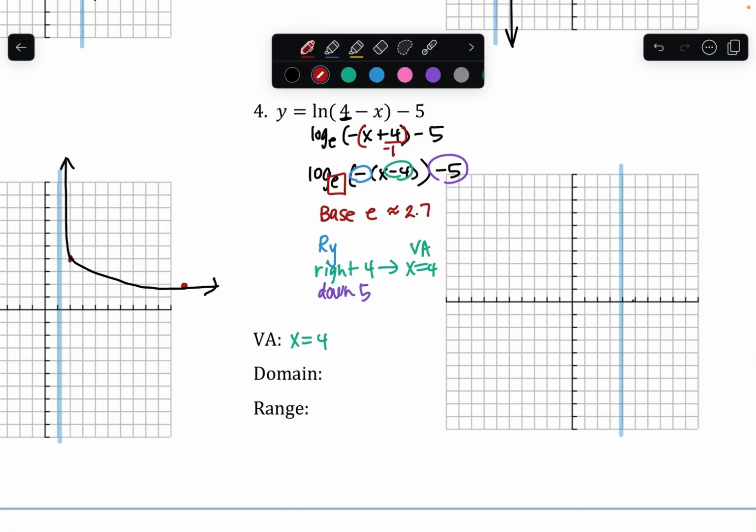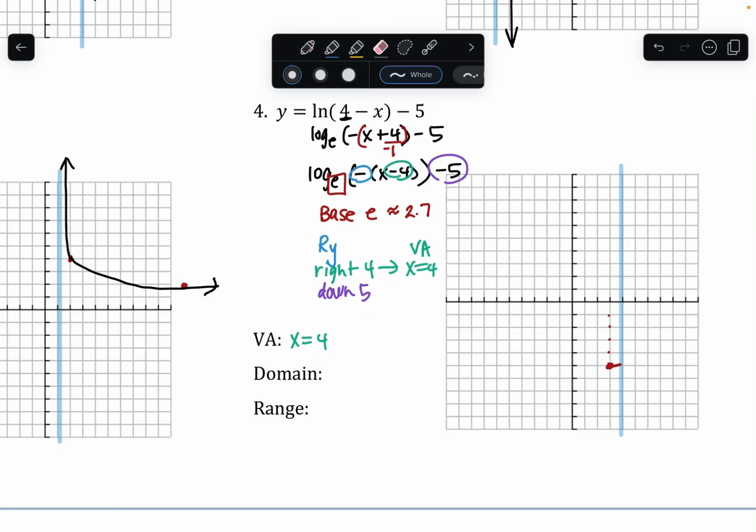So usually I would have a 1 away point right here on the x-axis. We're reflected, and so it's going to be to the left of the asymptote. And we've already done the right 4, and now we just need to move it down 5. Okay, so there's my 1 away point.